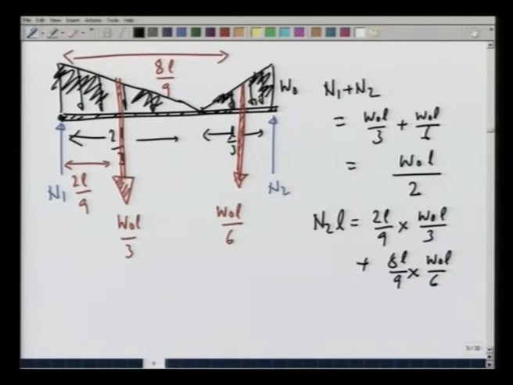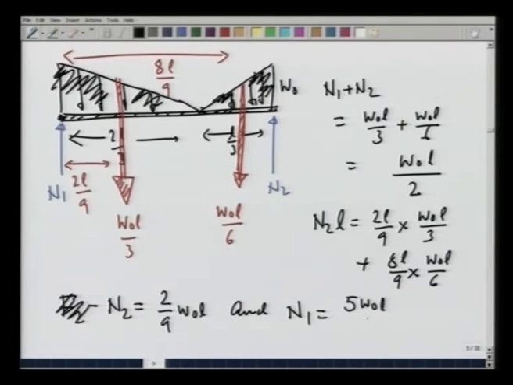When I solve the two equations, I get N 2 to be equal to 2/9 W naught L and N 1 to be equal to 5 W naught L over 18.